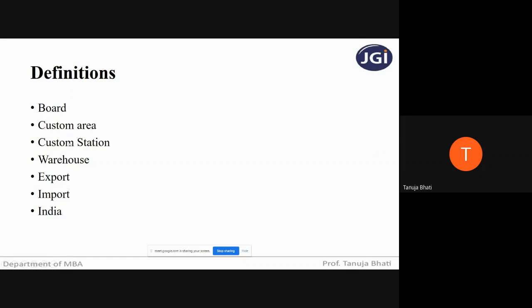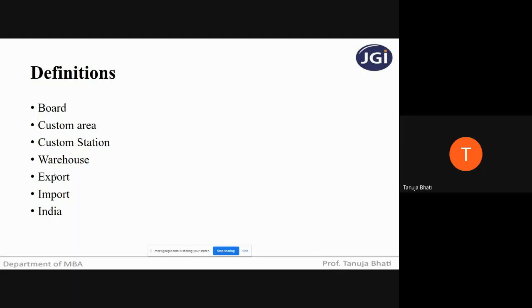Next is customs station. A customs station can be any customs port, customs airport, or international courier terminal. It can be a foreign post office or a land customs station. If you are flying through air, the customs station will be the airport.